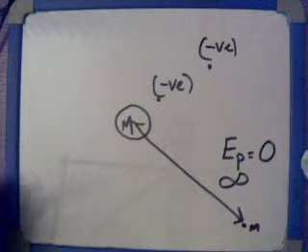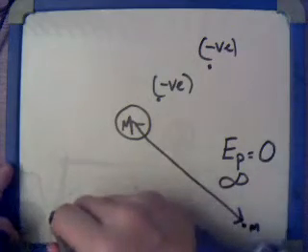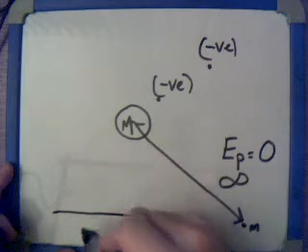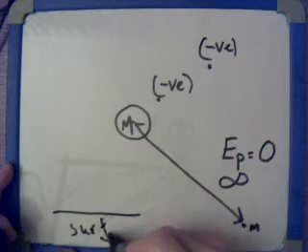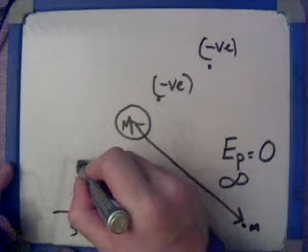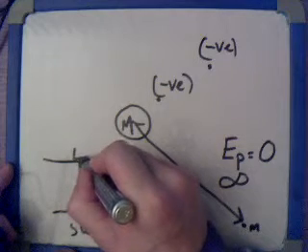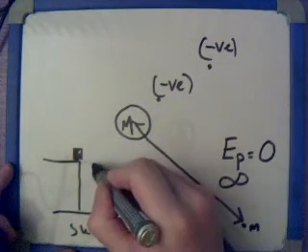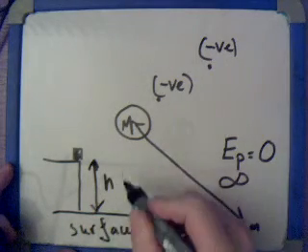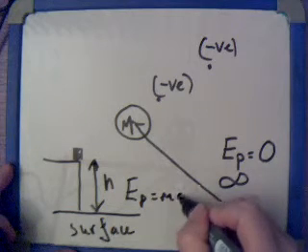Now the formula for potential energy. If we are on the surface of the planet, and up here we have a cliff, and on top of the cliff we have a box, at a distance h, we can simply say that the gravitational potential energy EP is equal to mgh.